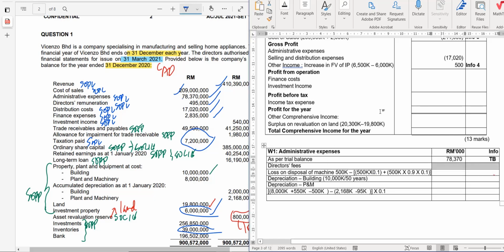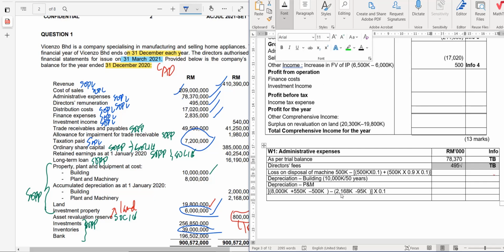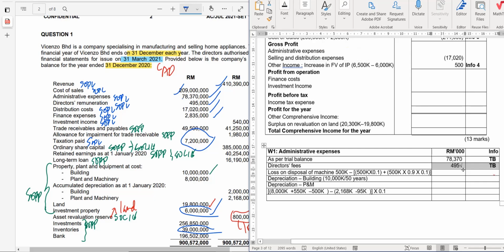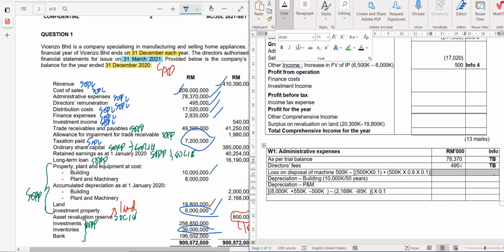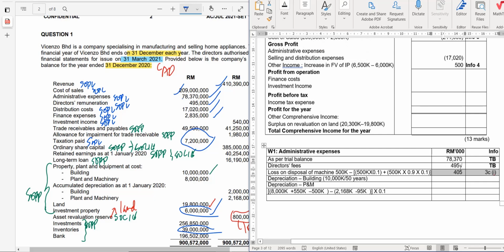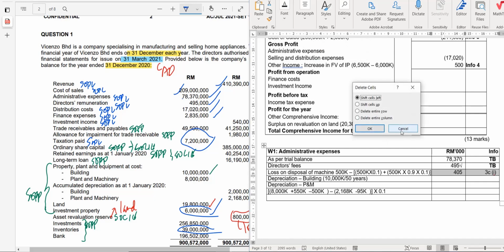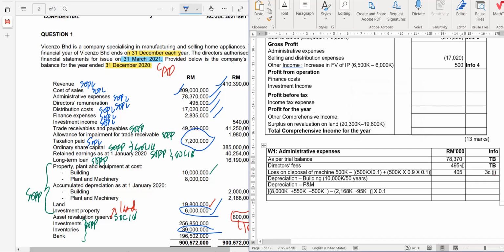First one is, of course, director's fee. The second one is the loss on disposal that we earlier have done the working for. If you can still remember, that was what you have done much earlier, 3C1, where we were doing our replacement of component, and then the depreciation that we have already calculated, and then you can see depreciation of plant and machinery.